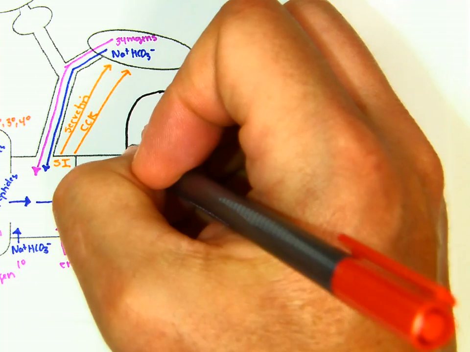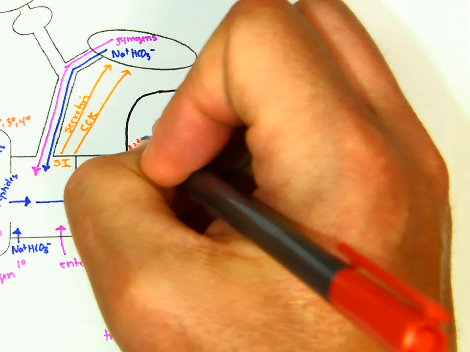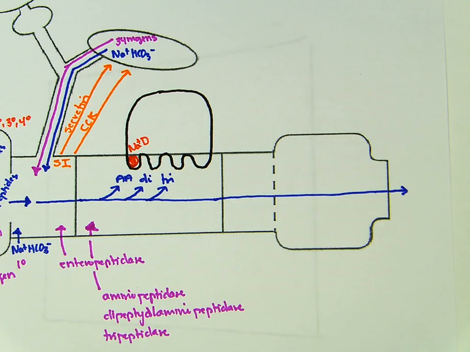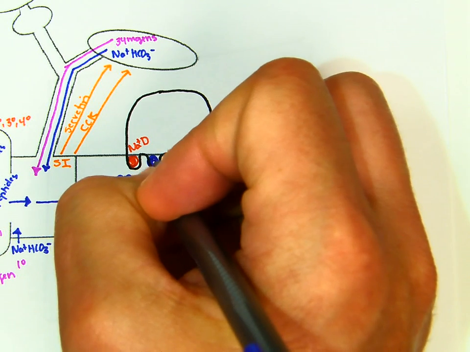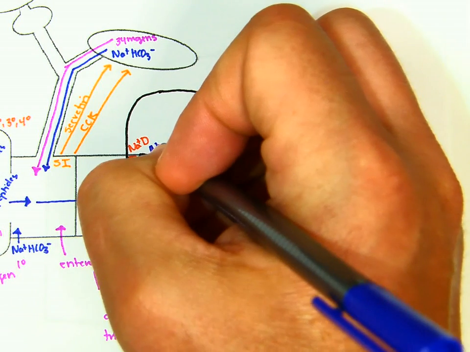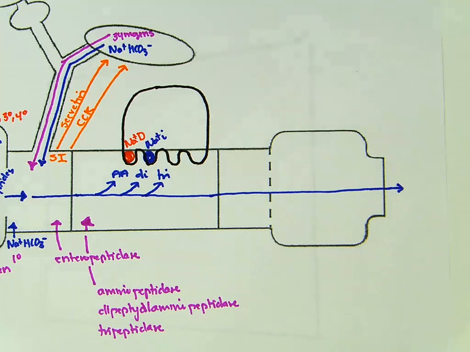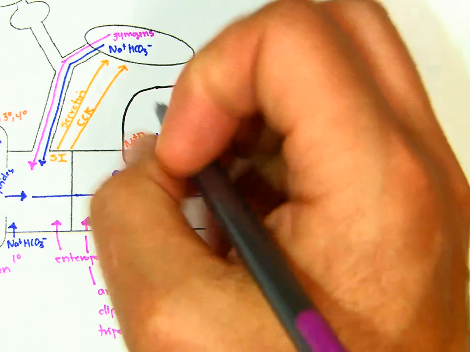We have sodium dependent, which is going to require or use sodium. And we have sodium independent, which doesn't use sodium, so relies solely on the concentration gradient of the amino acids.